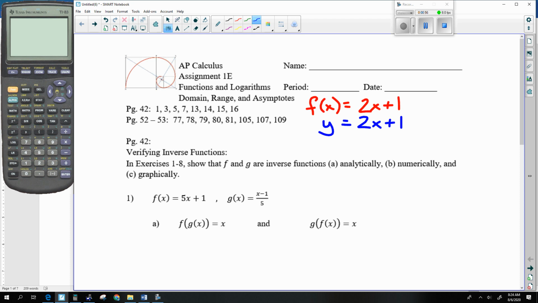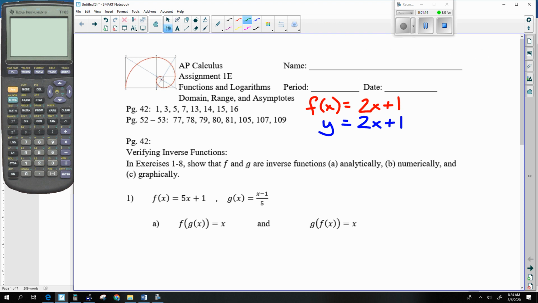So if this is just a normal equation that comes with a point xy, that implies that the inverse function has the point yx.